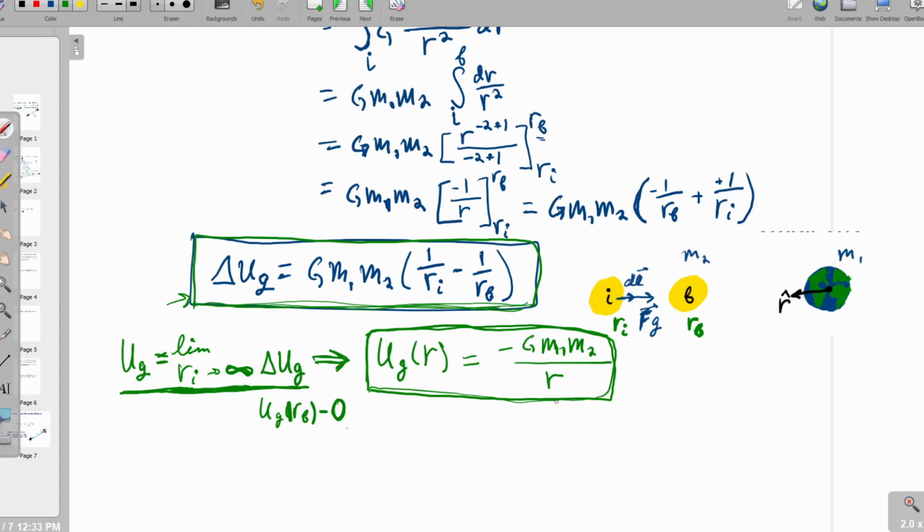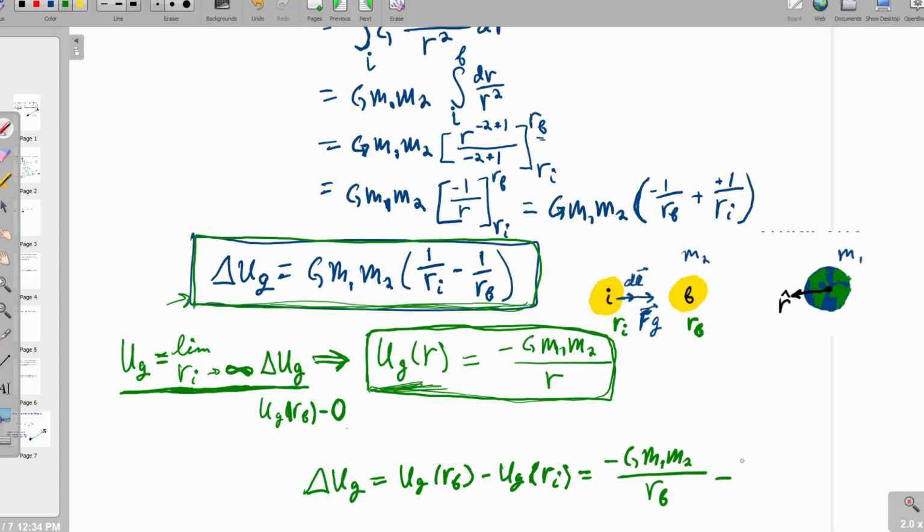Of course, they're completely equivalent, right? If I want the change in UG, it would be UG at r final minus UG at r initial. And that would be minus G m1 m2 over r final, where I'm just plugging r final into this formula, minus the minus G m1 m2 over r initial.